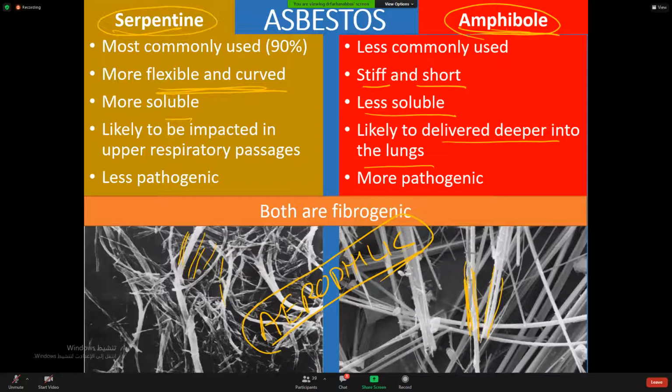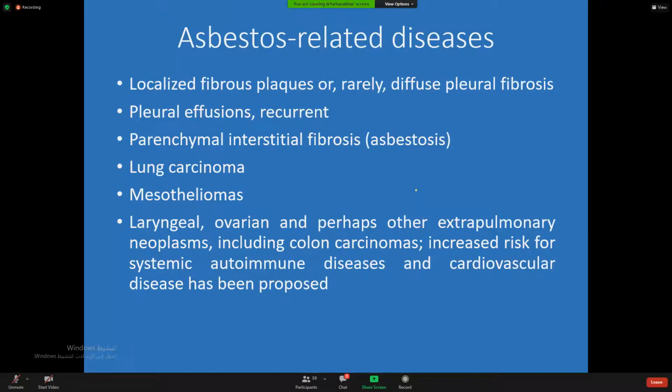So when it goes deeper into the respiratory tract, you already know that in deeper areas the protective mechanisms are very much depressed as compared to the earlier portions of the respiratory tract. So it is more fibrogenic there, and it is less soluble, and that is the reason it is more pathogenic.